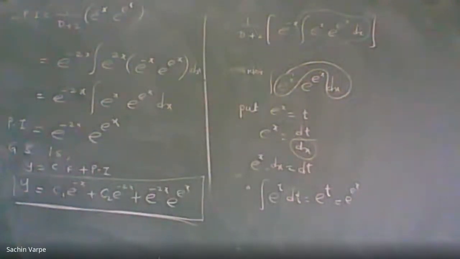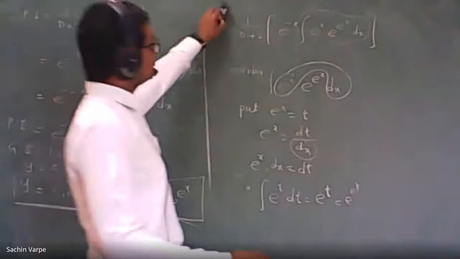Okay. So write down the next one as a homework. d2y by dx square plus dy by dx is equal to 1 upon 1 plus e raised to x.